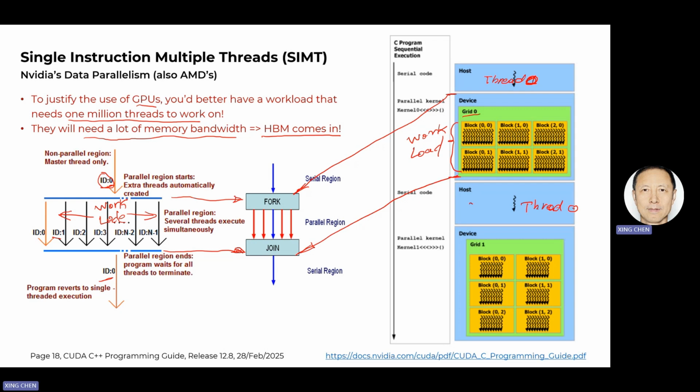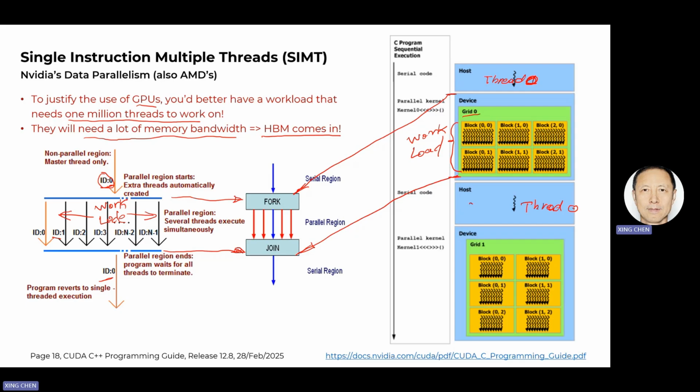So conceptually, single instruction, multiple threads is easy to understand. It's very similar to OpenMP computing, thread computing, shared memory computing: when you have a workload that needs to be worked on by lots of threads, you just create threads for CPU computing, or you call the GPU to help you, because the GPU can have lots of threads. So conceptually, it's easy to understand.